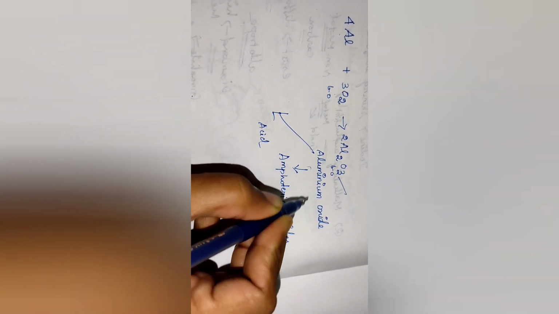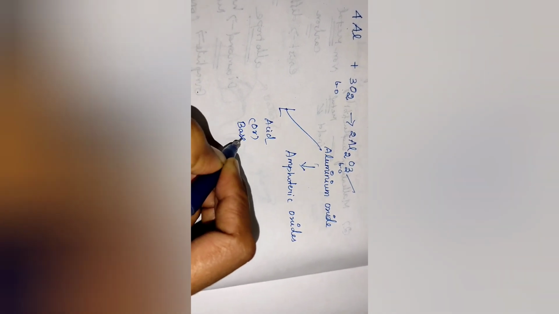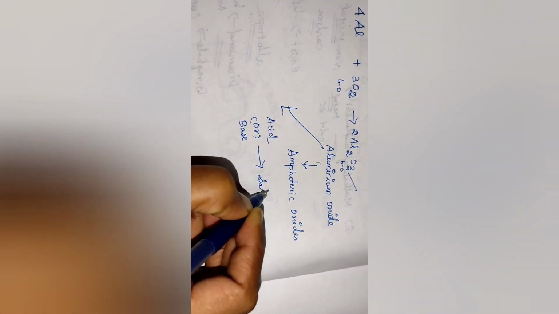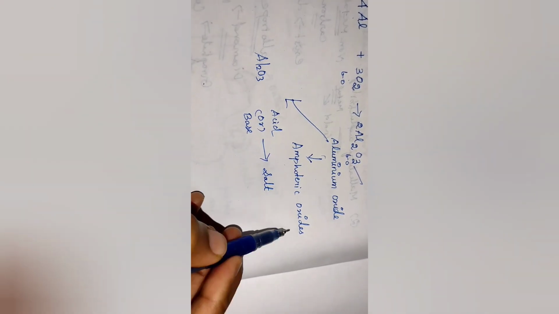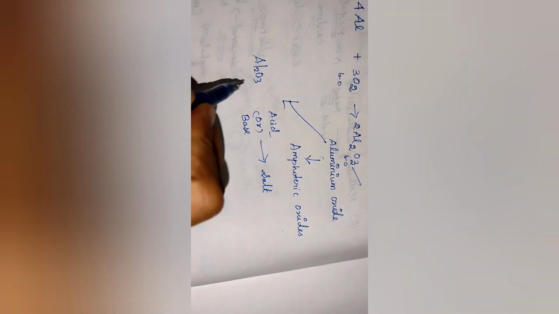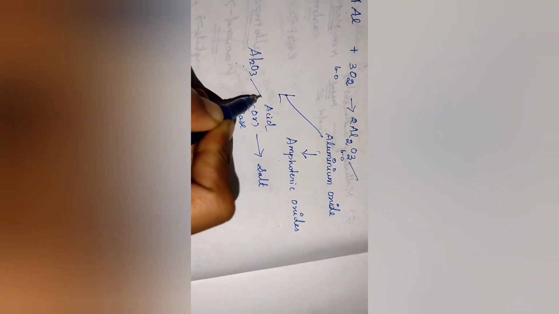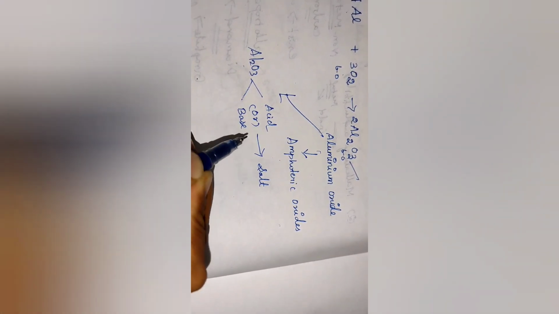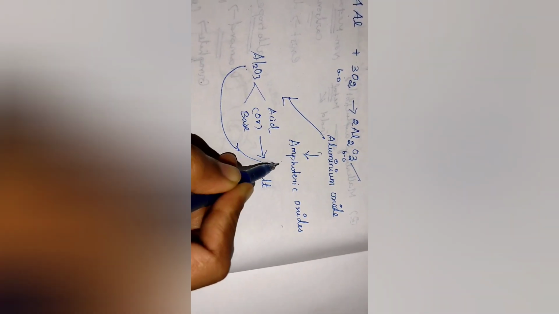This aluminium oxide reacts with acid or base to give salt. Amphoteric oxides means any oxides, lead oxide or aluminium oxide, that react with acid or base to give salt. That oxide is known as an amphoteric oxide.